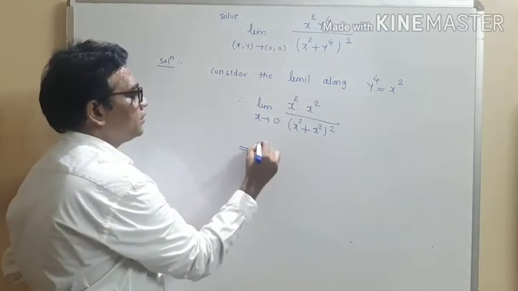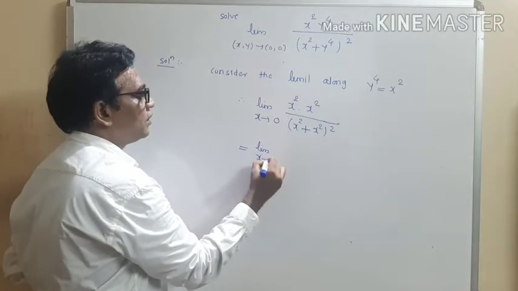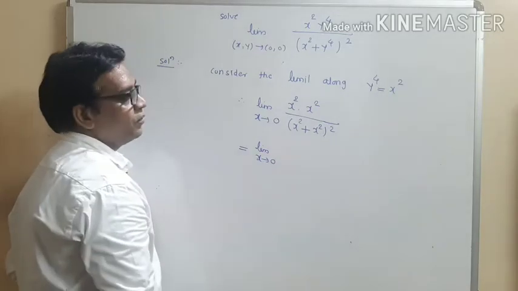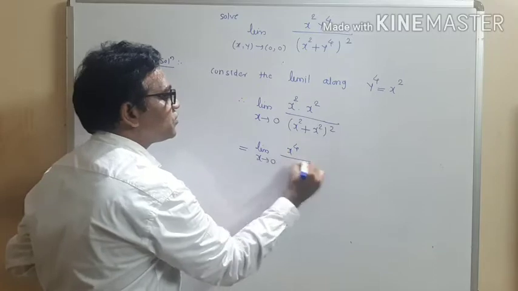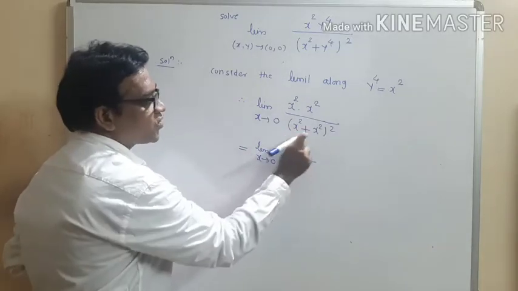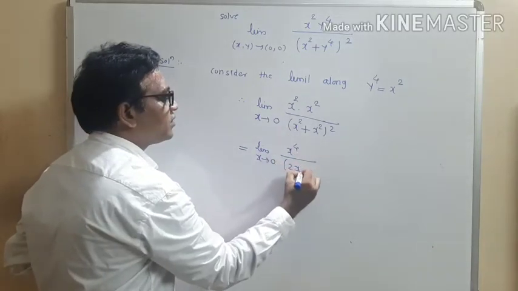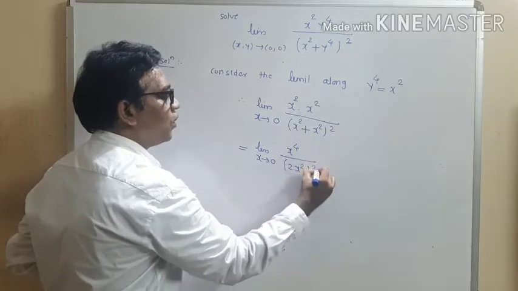So this is equal to limit x tends to 0, x square into x square, this is x raised to 4, upon x square plus x square, this is 2x square and its whole square.